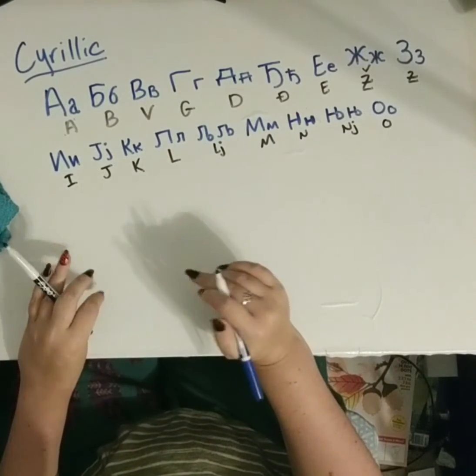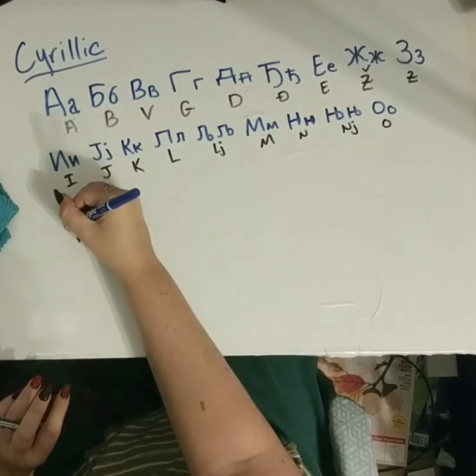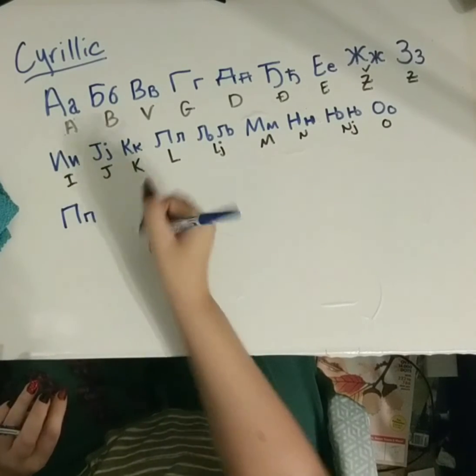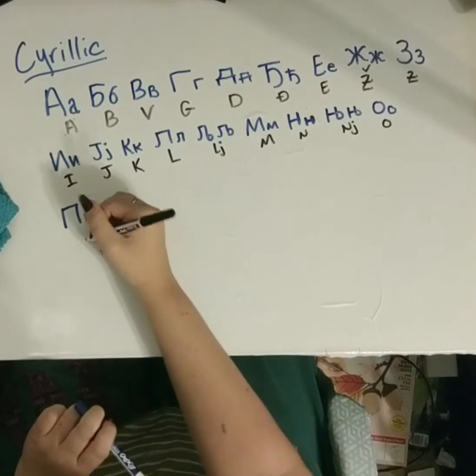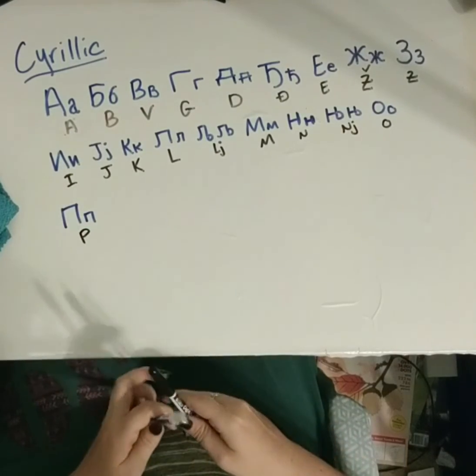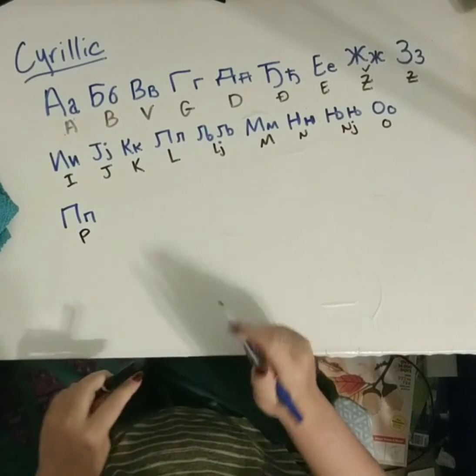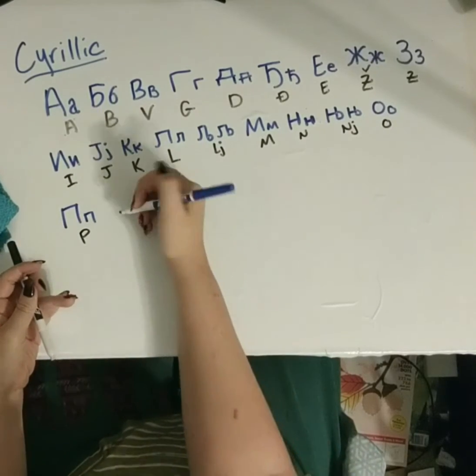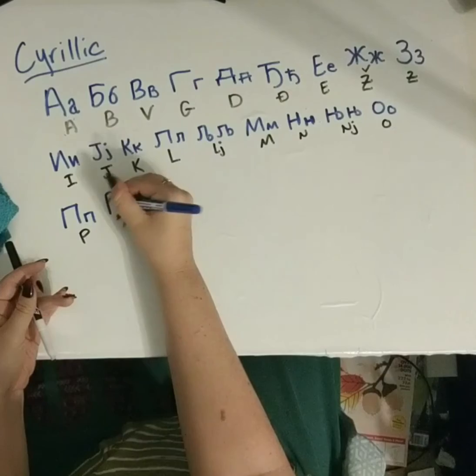Moving on, we have the P's, which look like this. And lowercase. So that's a p sound. R. And to make it extra confusing, our r sound looks like this.